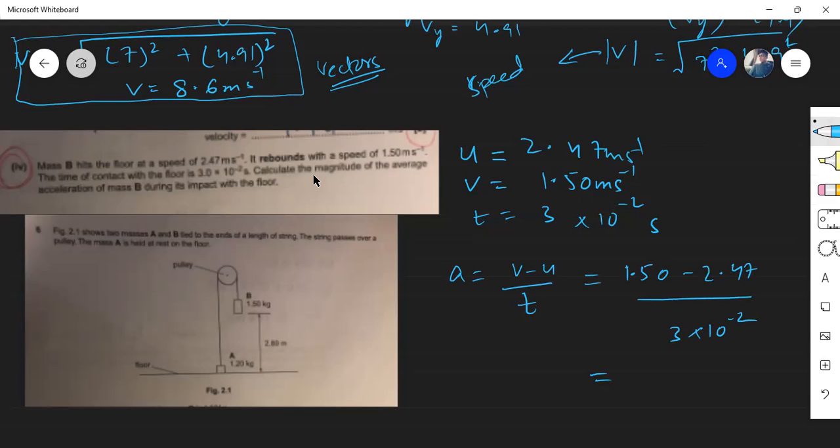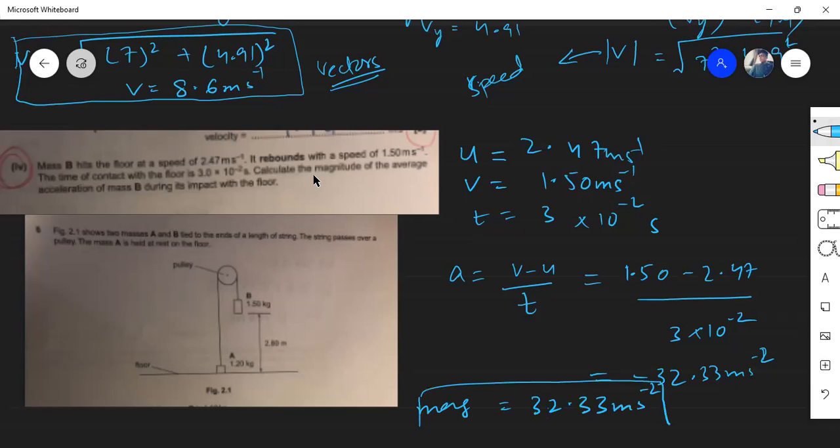Okay, so the answer is negative 32.33 meter per second squared, and the magnitude is simply 32.33 meter per second squared.